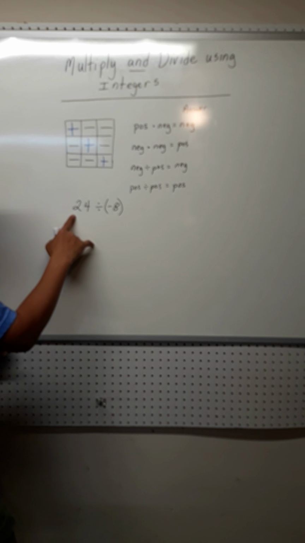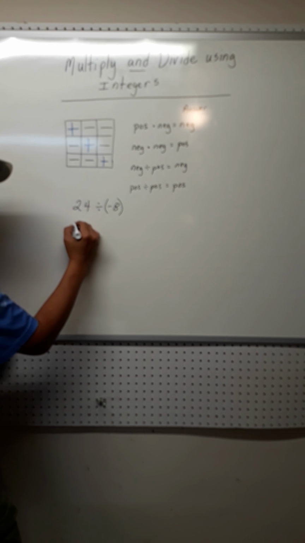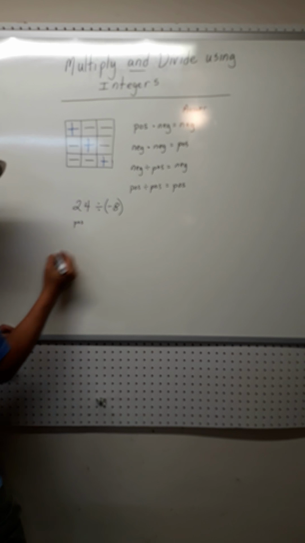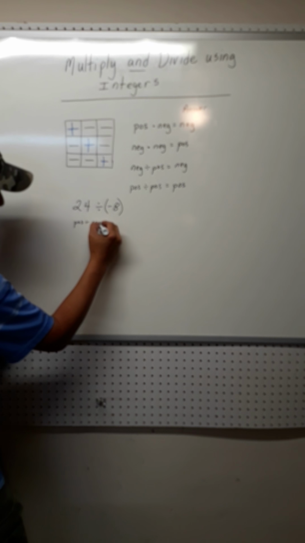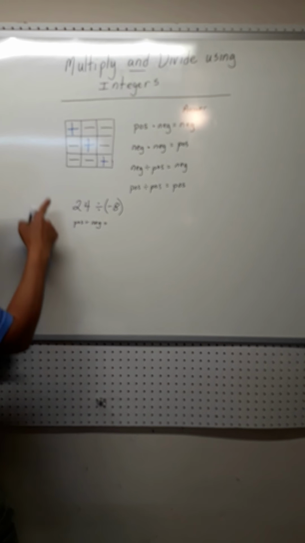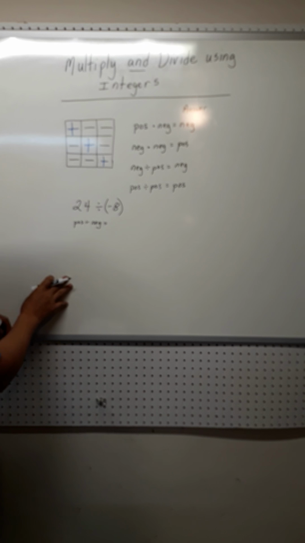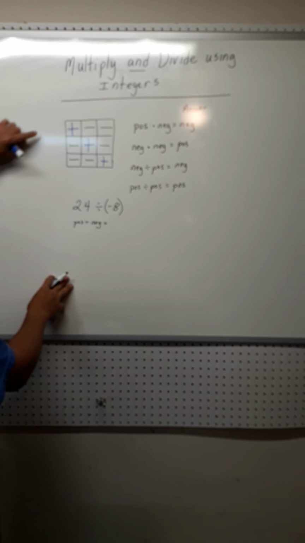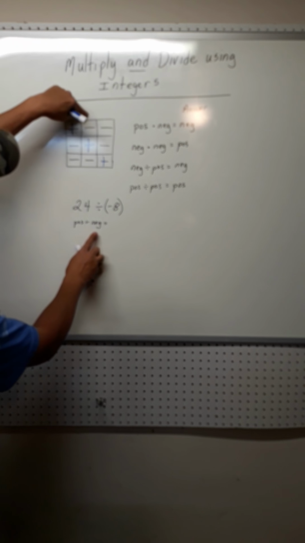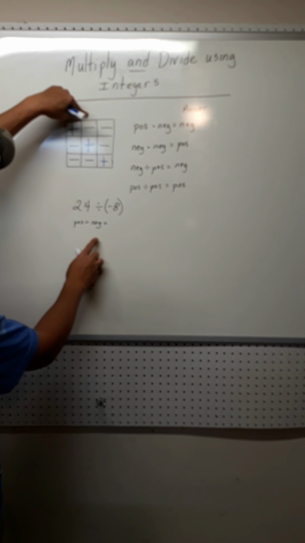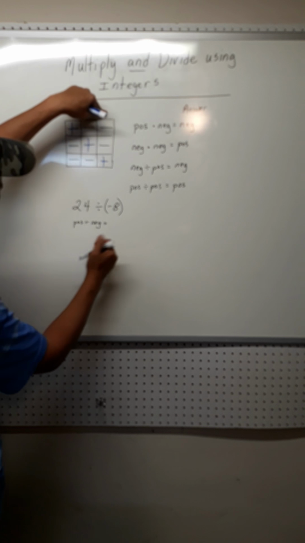So now I can write this as a positive divided by a negative, and I go back up here and I see a positive divided by a negative must give me a negative.